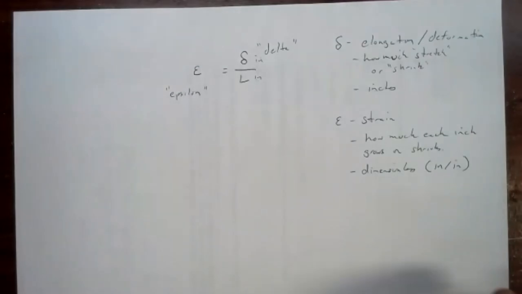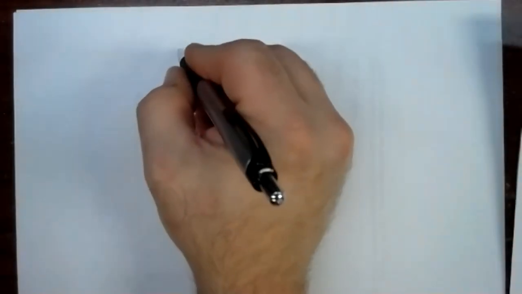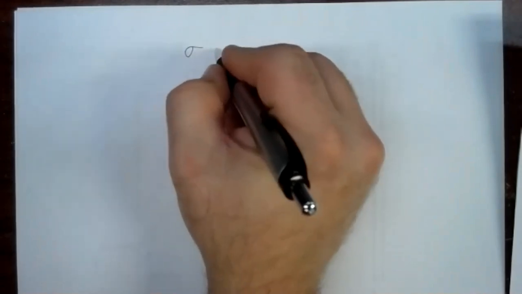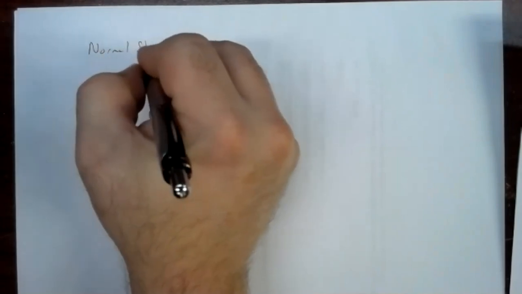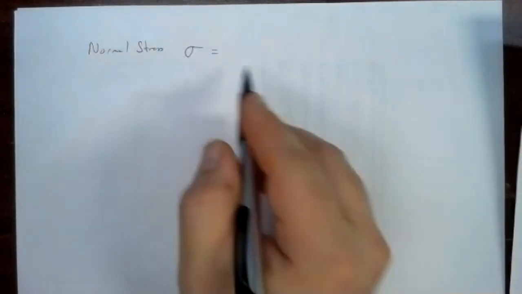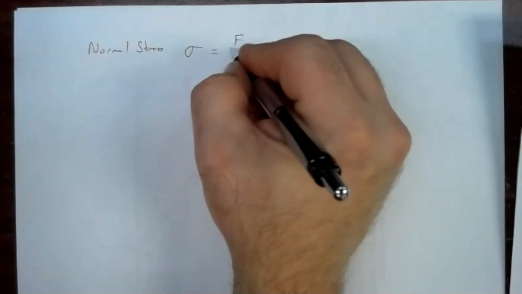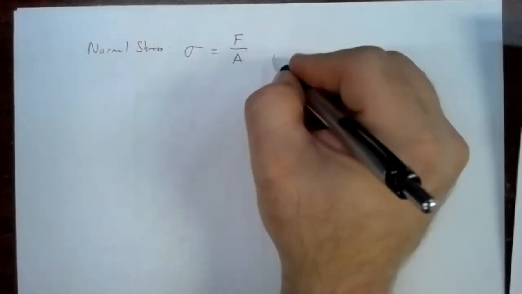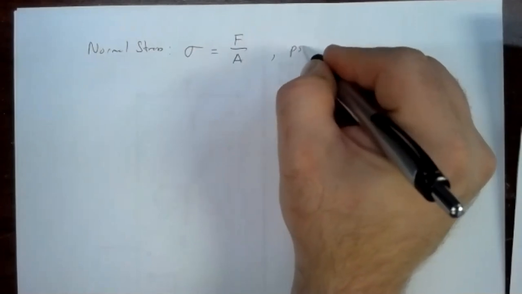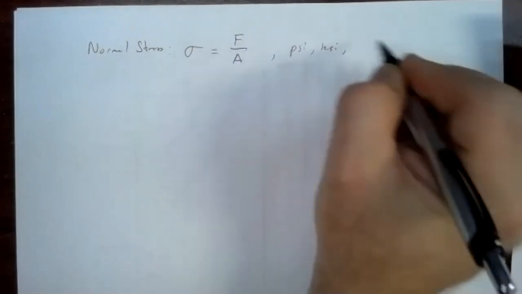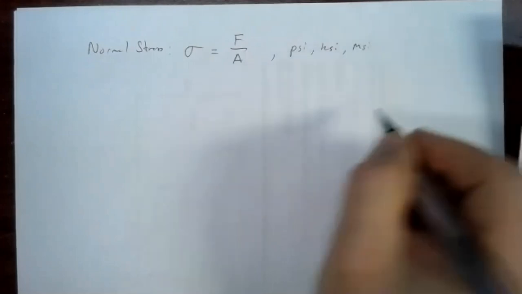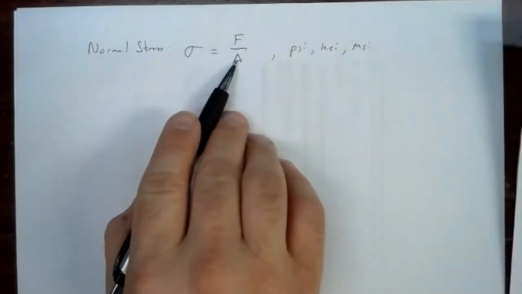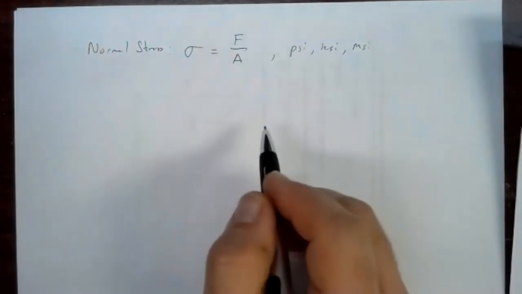So those are our two big equations here for materials. So the big takeaways from tonight, we've got normal stress, which is sigma equals force over area, with units of things like PSI, KSI, or MSI. As long as you can figure out areas in square inches, you can figure out stresses.